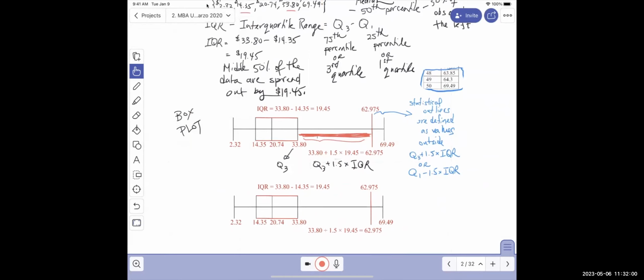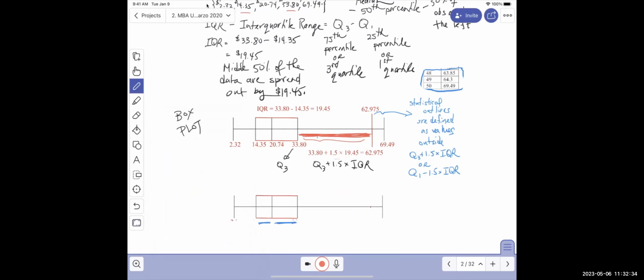I'm going to erase these numbers. It's not the point of my discussion right now. So without these numbers, what I look at is I compare this and this.